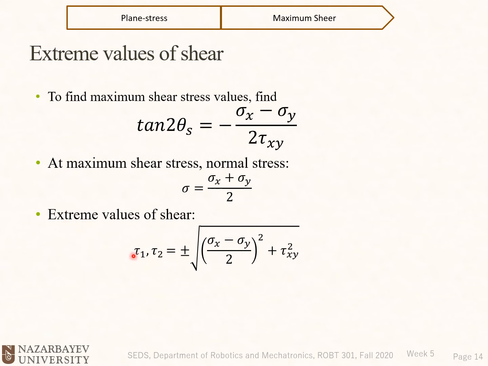And now these are the principal shear stresses, and you see the equation. Try to derive all of these equations yourself, again, based on sigma x prime and tau x prime y prime. It's a very good practice.